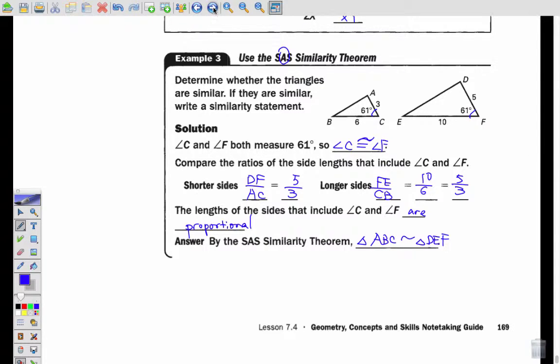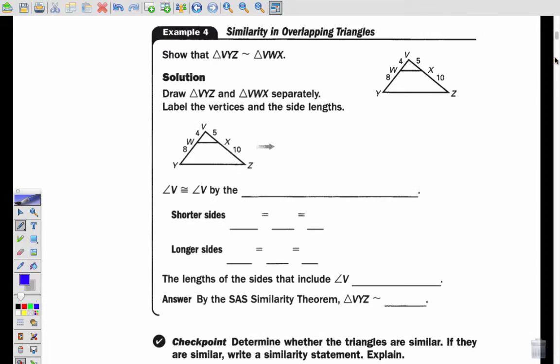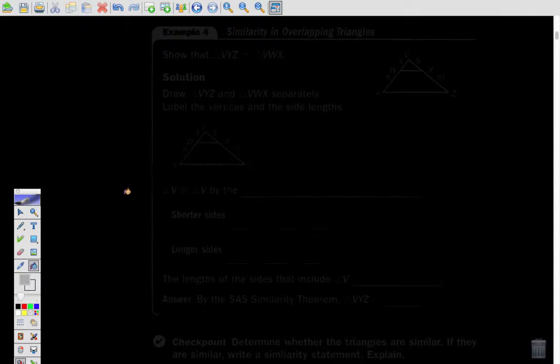Let's look at another example. We have to show that this little bitty triangle on top is similar to this big triangle that includes that little bitty triangle. So if you want, you can take this little bitty thing by itself.